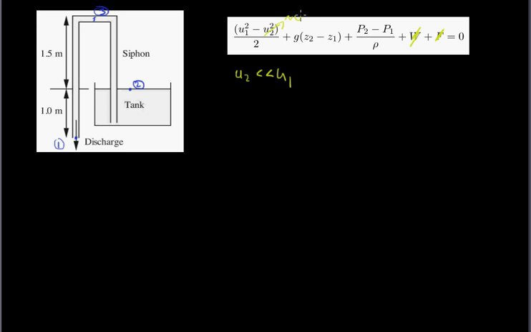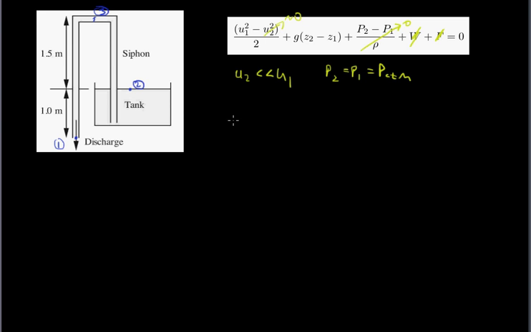It's functionally going to be 0. From our schematic drawing, Z2 minus Z1 is going to be 1 meter. We know that P2 is equal to P1, which is just equal to the atmospheric pressure, so this term is going to go away.